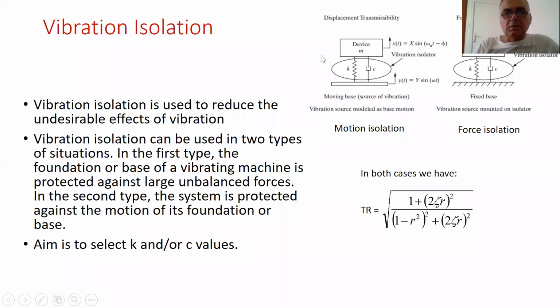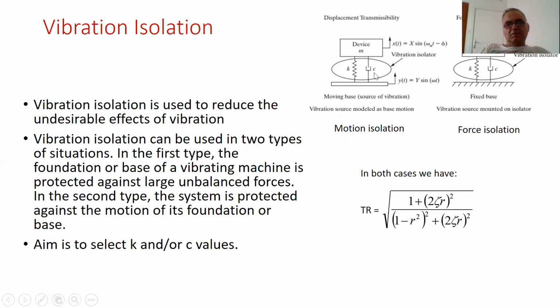Having seen the three cases of harmonic forcing, we now turn to vibration isolation. This is a design problem. We are trying to design isolators so that the vibration that is present is not transmitted to our device, or is eliminated from our device.